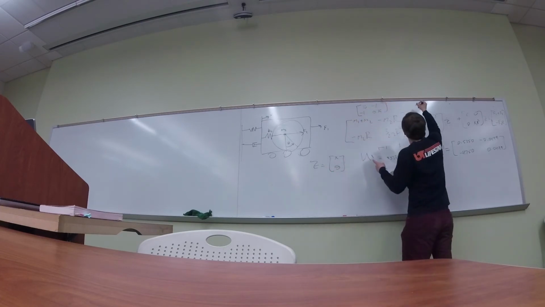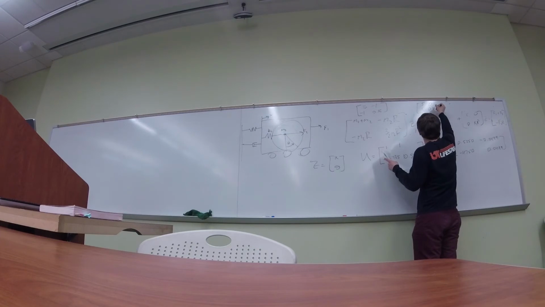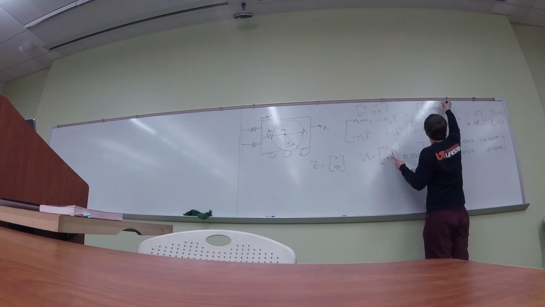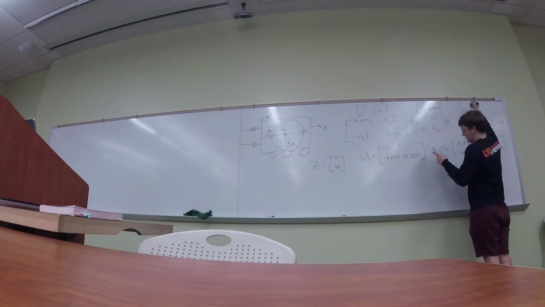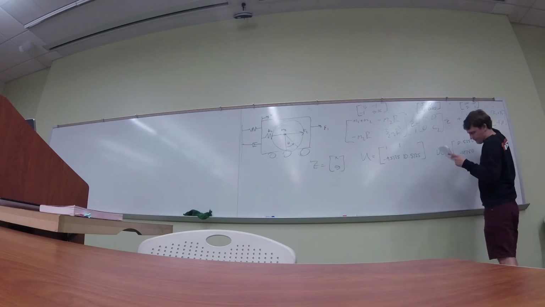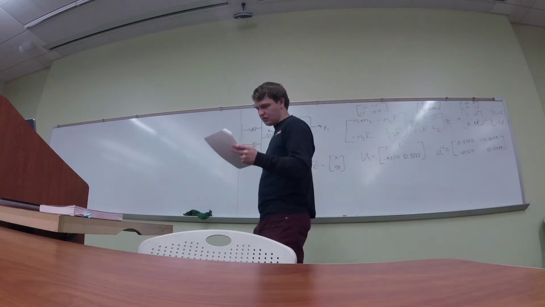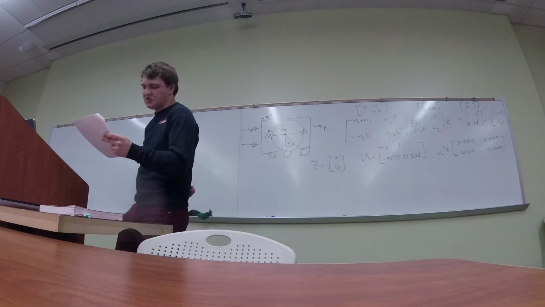Your C matrix is 5, 0, 0, 0.05, and your K matrix is 100, 0, 0, 1. So those are the various things he gives you.